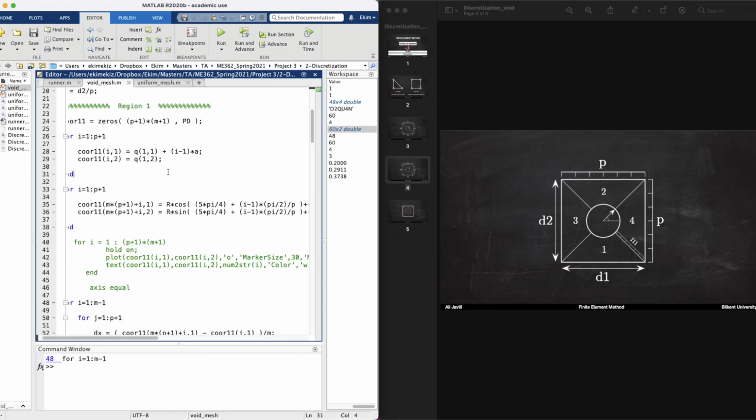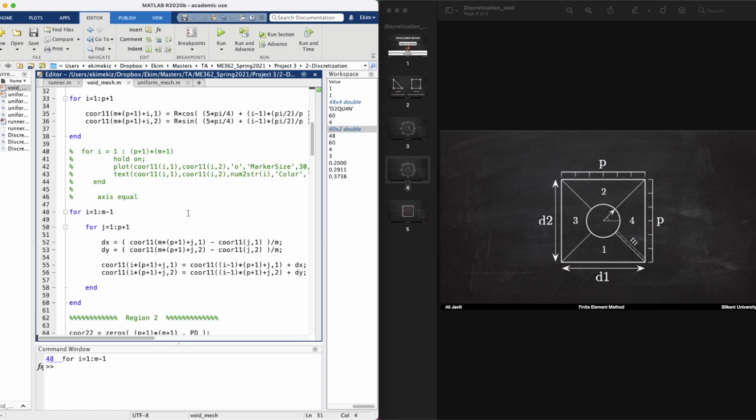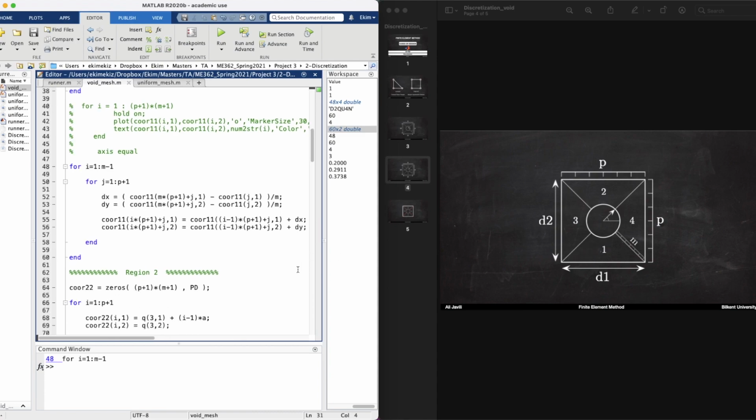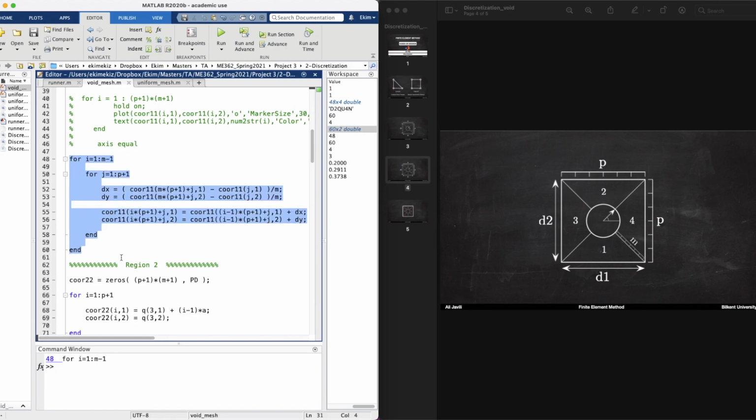Okay. And once we generate these two lines of nodes, we can then use those to generate the nodes in between. So these two for loops do that. So let's see how they do that. First, we have a loop over 1 to m minus 1.